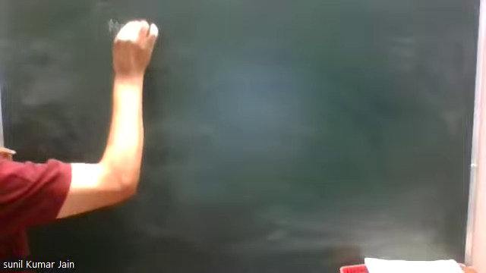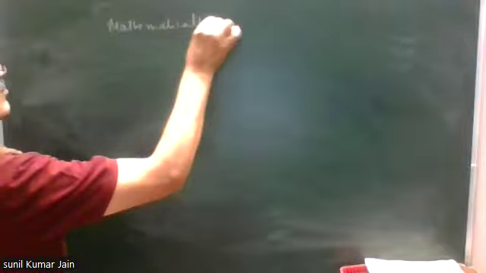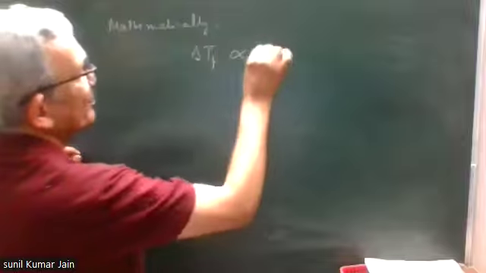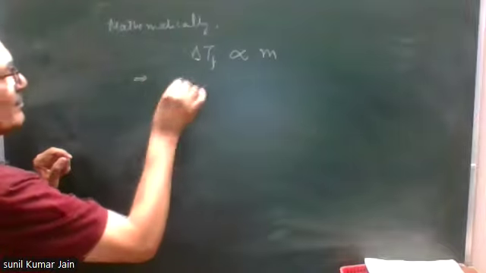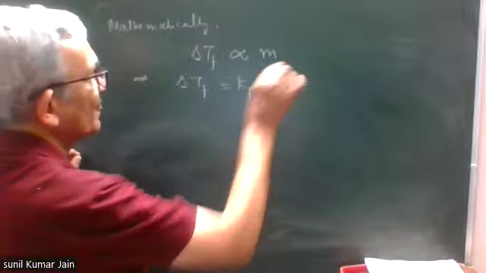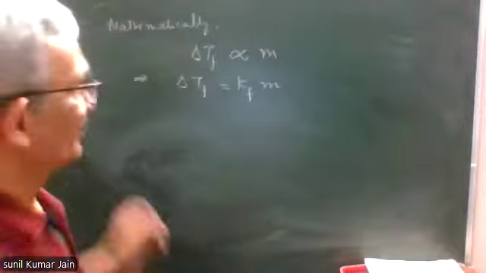And mathematically, delta TF is proportional to molality, or delta TF is equal to a constant. Earlier the constant was Kb, now the constant is Kf.